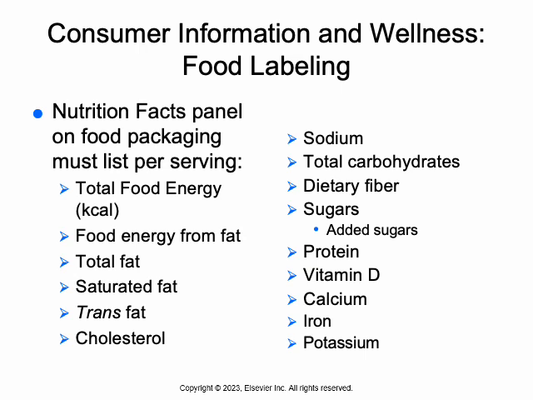The nutrition facts panel on the food packaging has to list specific quantities of energy, or what we refer to as kilocalories, fat, and the following specific nutrients in a serving. So here you see the list: the total food energy, total fat, saturated fats, trans fats, all need to be delineated, cholesterol, sodium, total carbohydrates, the dietary fiber, sugars and any added sugars now, protein, vitamin D, calcium, iron, and potassium.